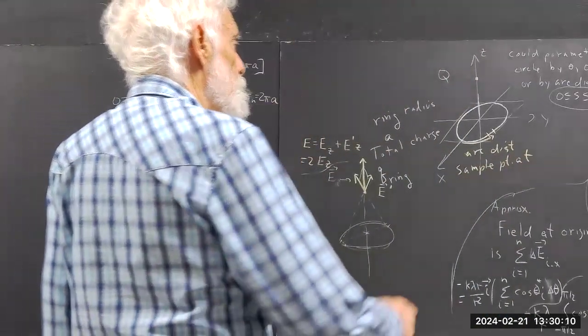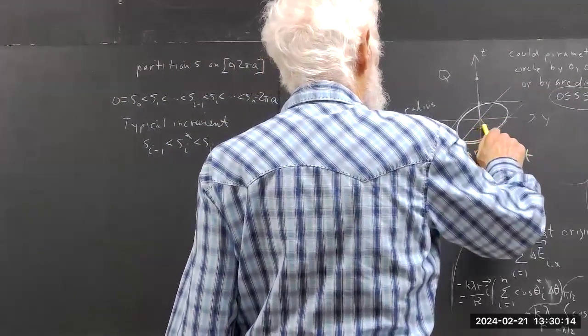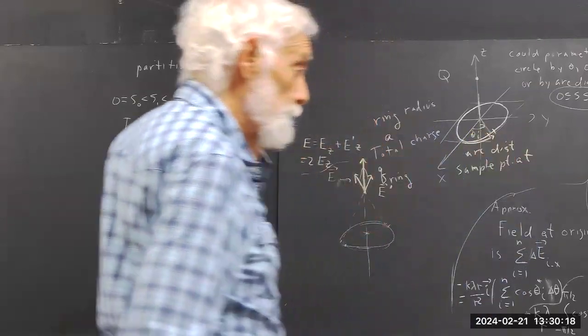Sample point. Well, what we have to do is say that we got some angle here, theta sub i. We can't really escape the fact that we've got an angle.